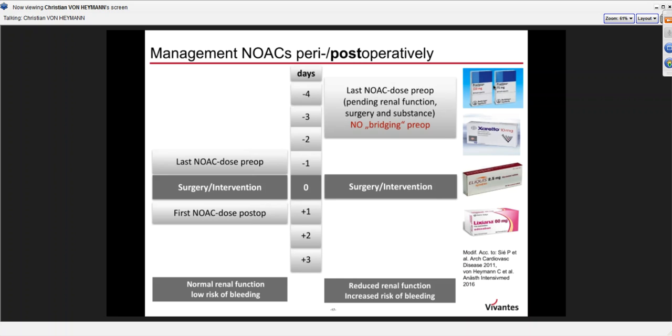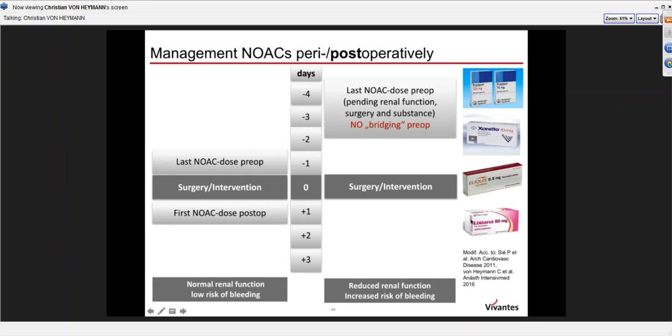If you have an impairment of renal function, it is recommended to stop the drug at least 4 to 5 days before these patients undergo surgery. And have in mind, up to now, there is no bridging preoperatively recommended for these patients.